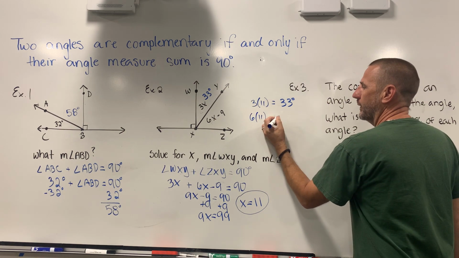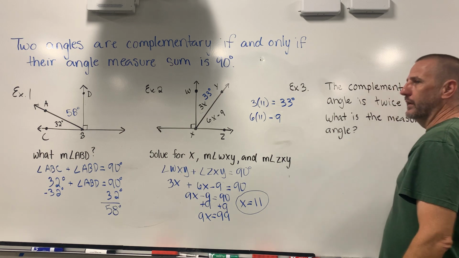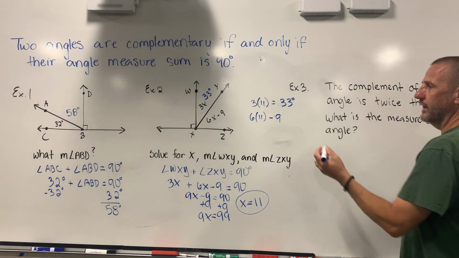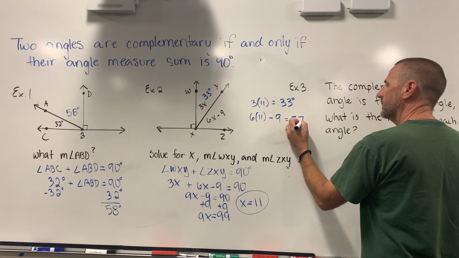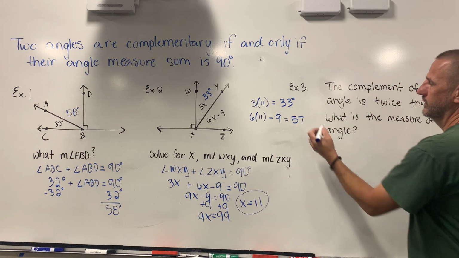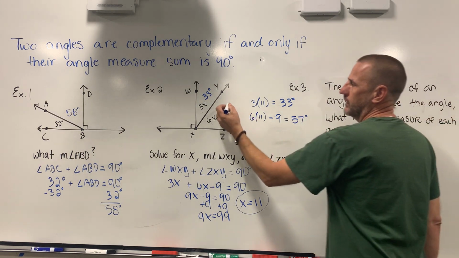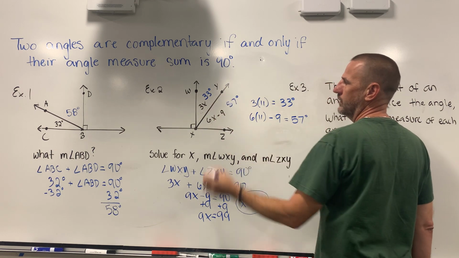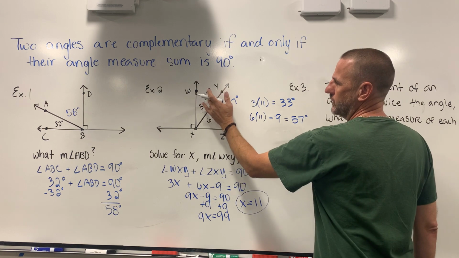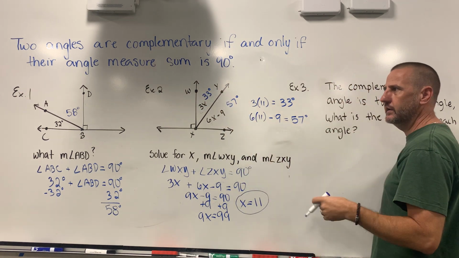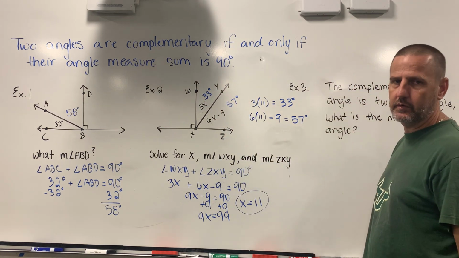And then I got to take away 9, so 66 take away 9, what do we get there? And we should have 57 degrees. And again, I can double check my math. I can look at this and say, all right, does 33 plus 57 add up to 90? Yes, it does, so I know this is correct.